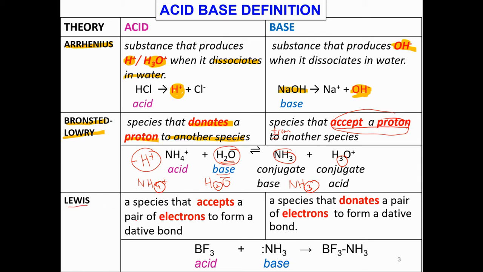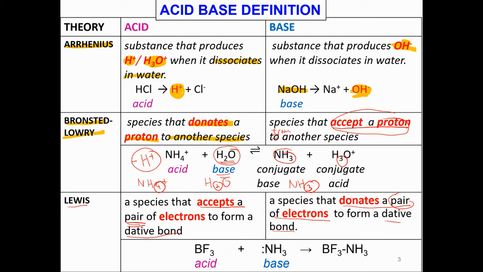The last one is Lewis theory. Lewis theory states that an acid is a species that accepts a pair of electrons to form a dative bond. Then a base is a species that donates a pair of electrons to form a dative bond.